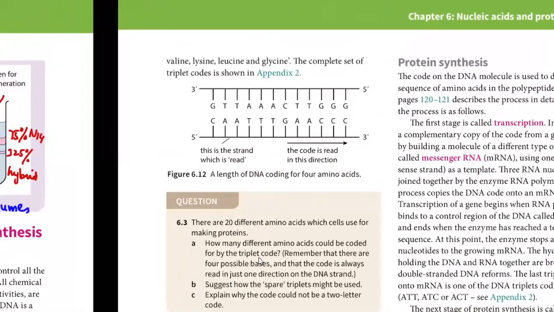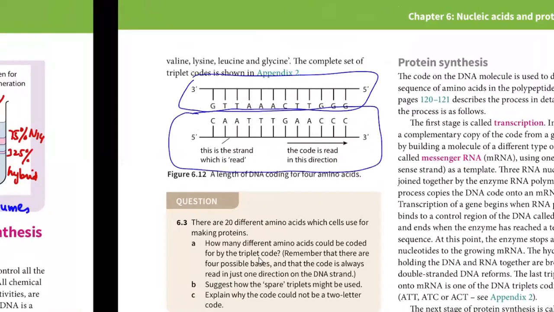One is running in the 5 to 3 prime direction and the other is running in the 3 to 5 prime direction. You can read only one strand. The upper strand is fine, its complementary strand is there, but you can't read this strand. So this means only one of the strands is important as far as the synthesis of polypeptides is concerned. So you would say that this is the readable strand. Or you can say that this is the sense strand because it makes sense. Are you getting what I'm trying to say?